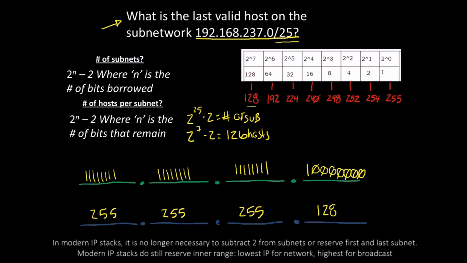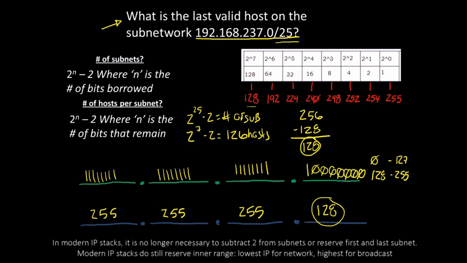So now we're going to take a look at our range. So we're going to, of course, take 256, subtract it by our borrowed octet, and that's going to give us, of course, 128. This is my range. So I'm going to start with 0, and since my range is 128, I'm going to go to 128. Now I fill in the blanks here. So that's going to be 127, and 128 is going to take us to 255.